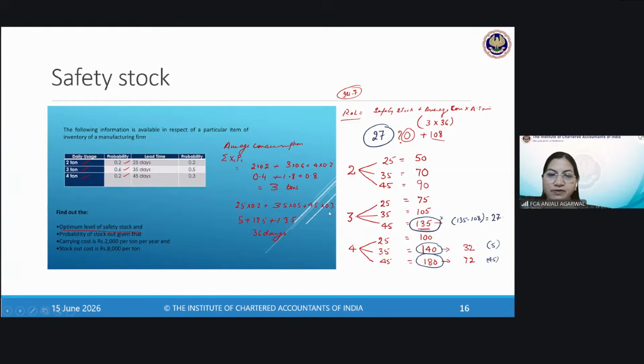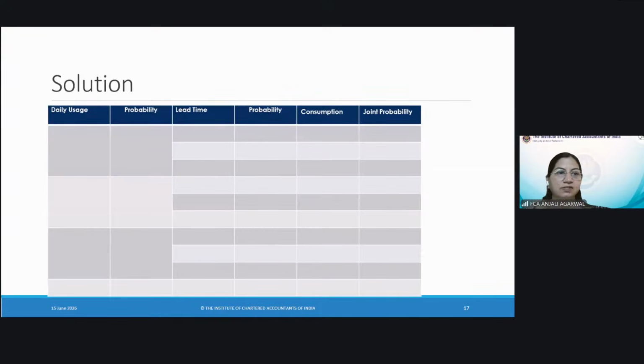I have explained here. You will be able to understand. And probabilities will also be relevant. 0.2, 0.6, 0.2, 0.2, 0.5, and 0.3. Let's see how we do it. So this is how your scenario analysis goes. 2, 3, 4 with a probability of 0.2, 0.6, and 0.2.